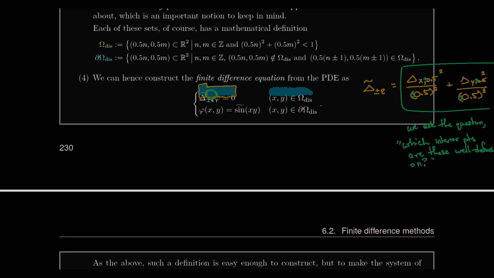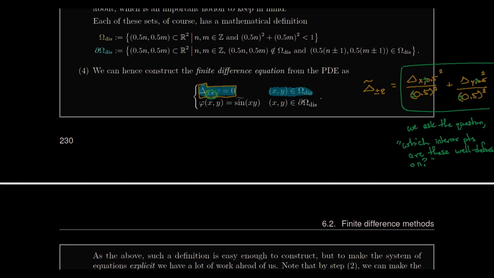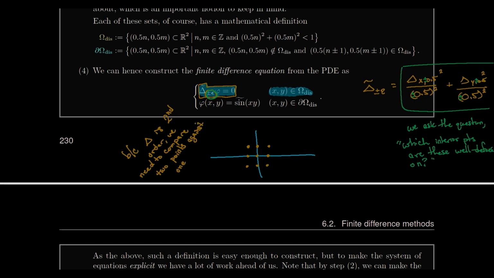Right, why is there a specific collection of interior points that this is well defined on? Well, it's because when we have our 9 points of the omega disc, 1, 2, 3, 4, 5, 6, 7, 8, 9, because the Laplacian is second order, we need to compare 2 points against 1.